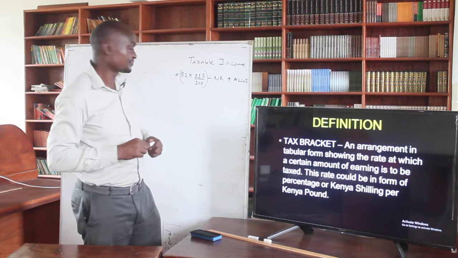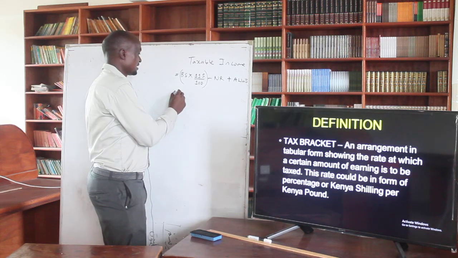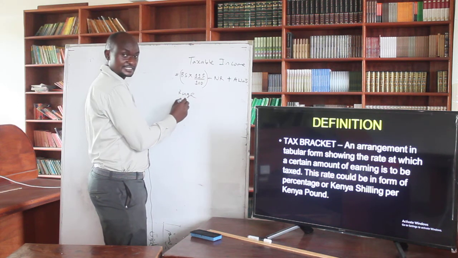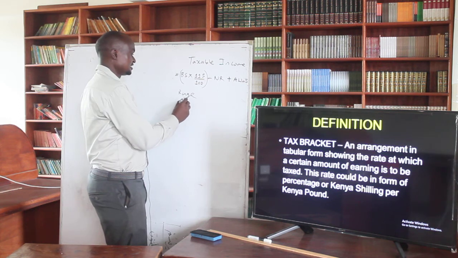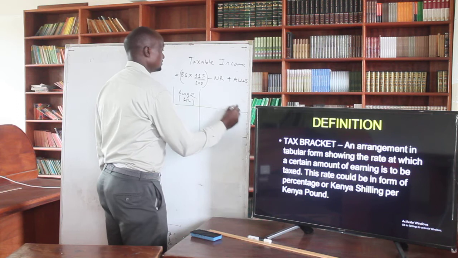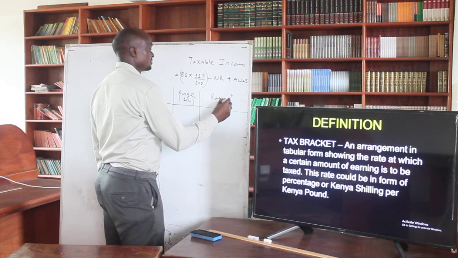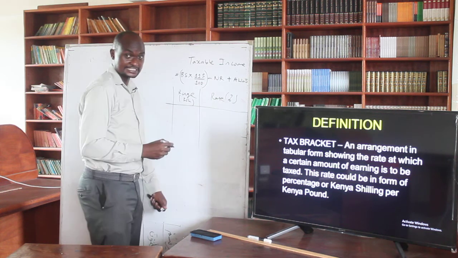So let me draw here what a tax bracket should look like. We have a range of earnings, let's say in Kenyan shillings, and rates in percentage.